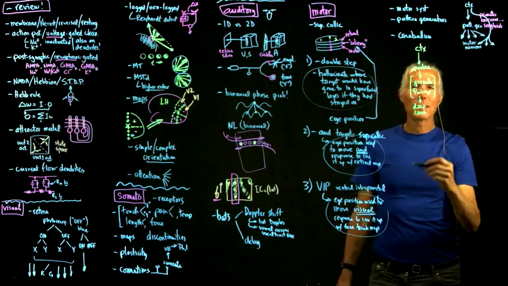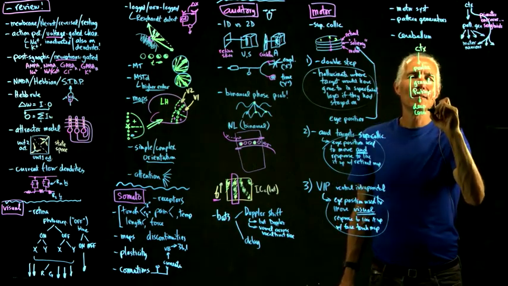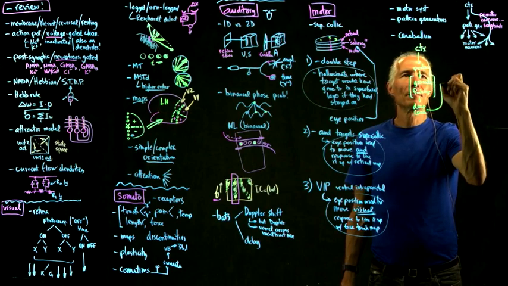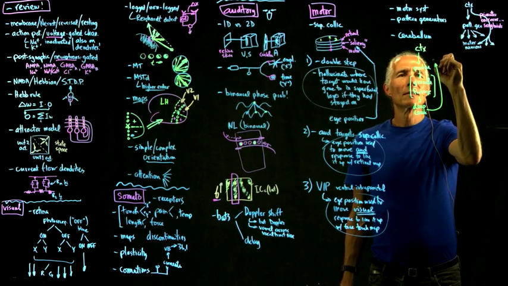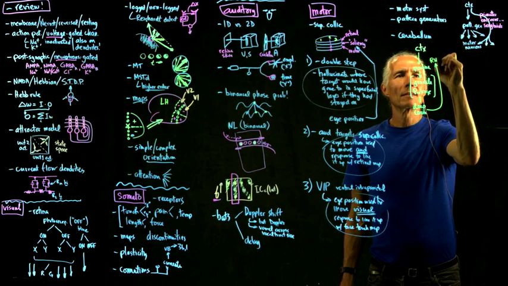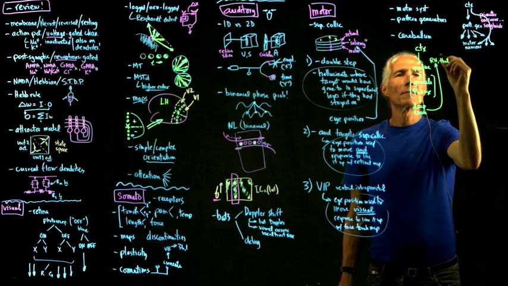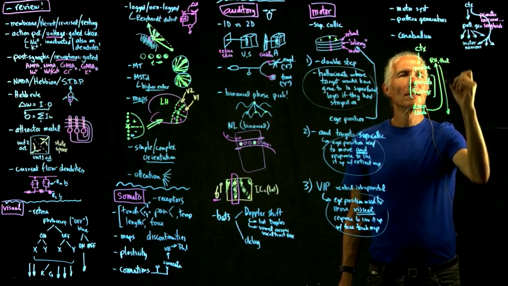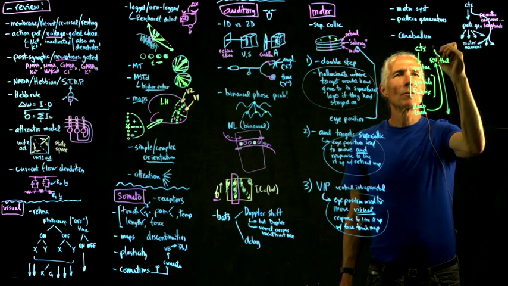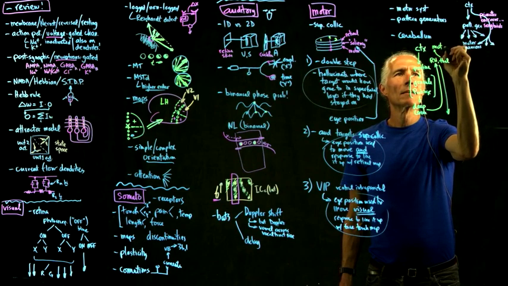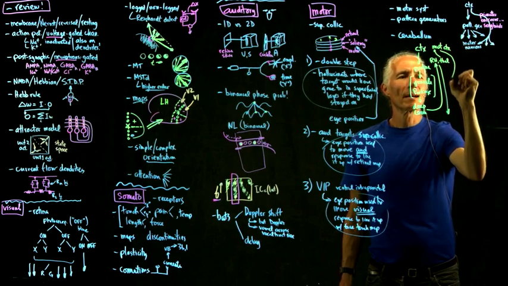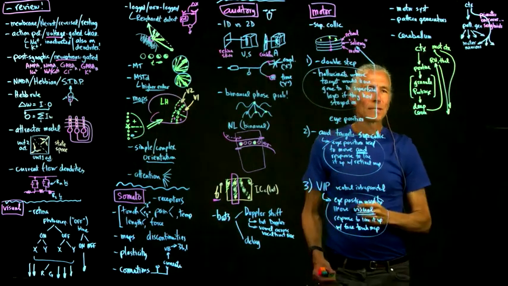And then the deep cerebellar nuclei project up to the red nucleus and the thalamus. And then the red nucleus can go back out, and the thalamus can go up to motor cortex, and then back out.